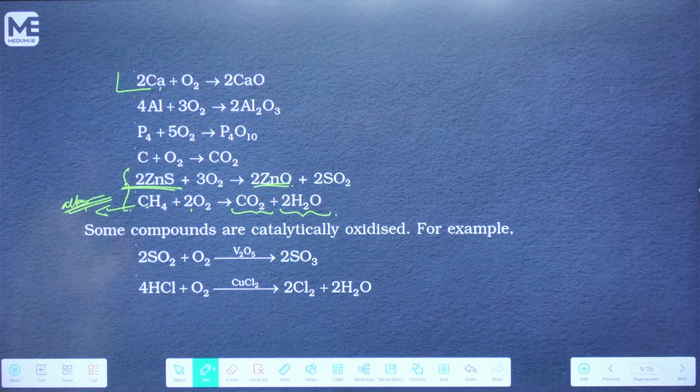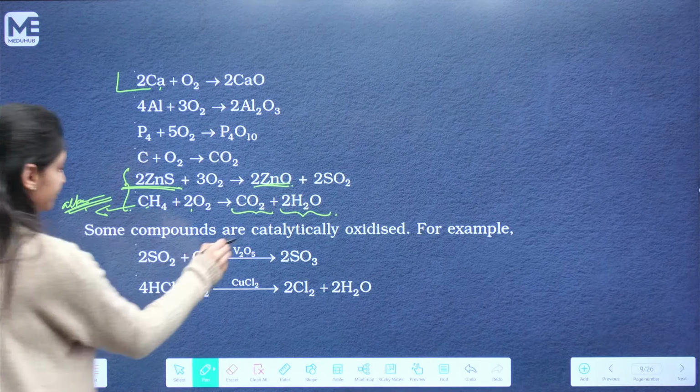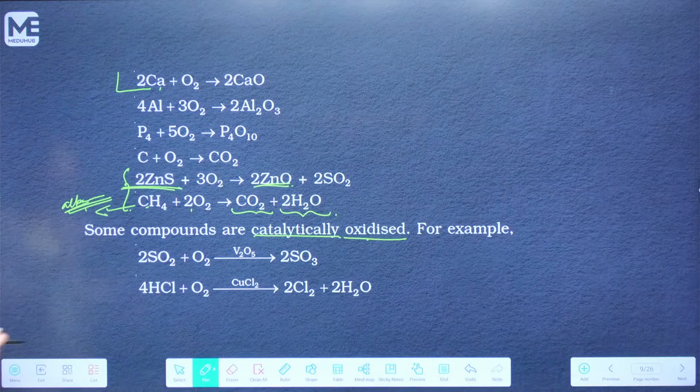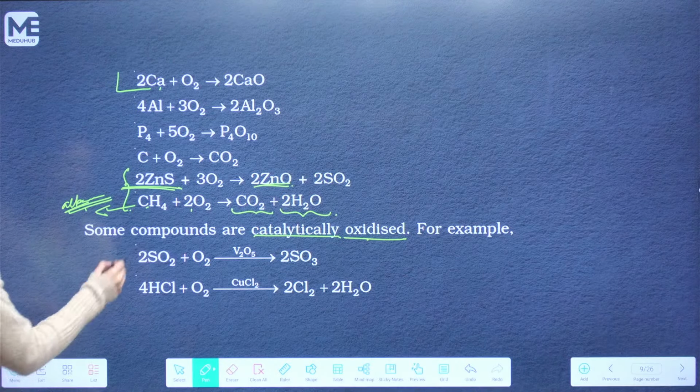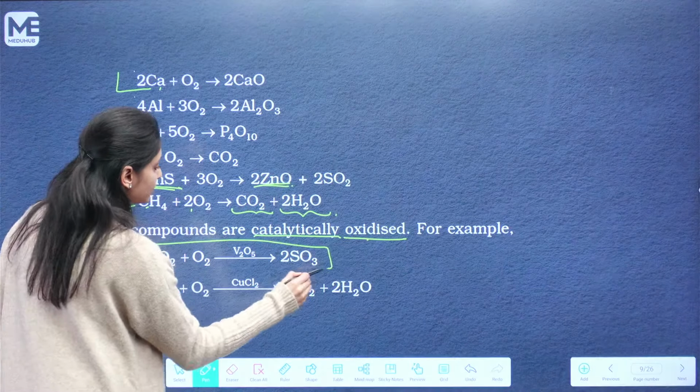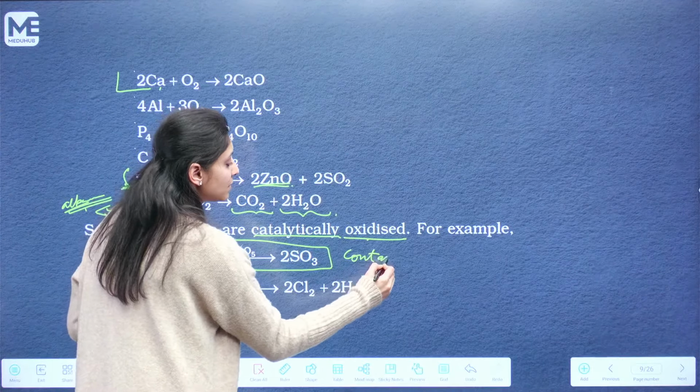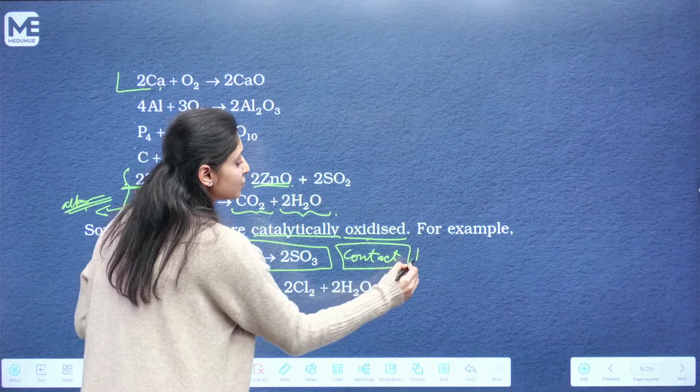Now some compounds are catalytically oxidized. They don't react with oxygen that fast. To speed up the reaction, a catalyst is required. This particular reaction here is very important. We'll study this in the contact process for the manufacture of H2SO4.